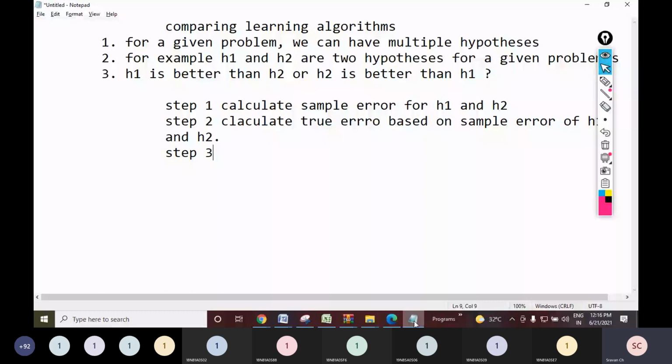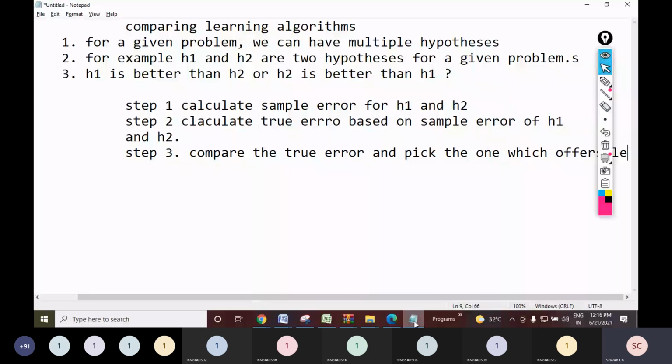Then compare the true errors and pick the one which offers less error.